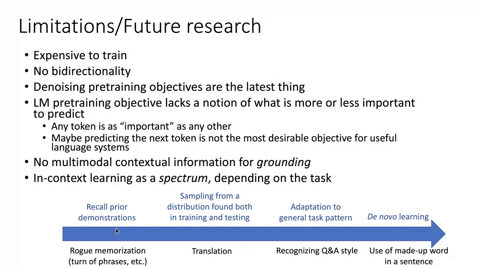The third limitation is that the training objective, which is next word prediction, is not the latest, shiniest thing. The latest, shiniest thing is denoising objectives. A denoising objective is basically a generalization of masked language modeling, where you have access to both directions of the sequence.